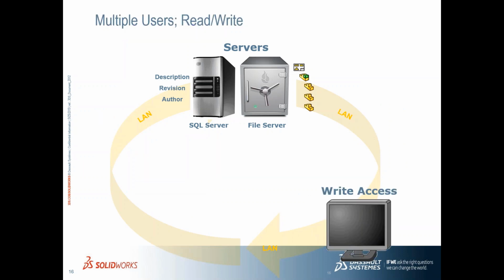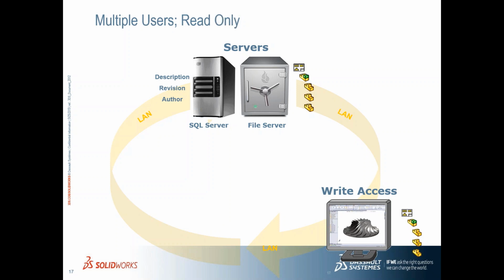So what happens with the client? How does this work between the server and the actual end user? When an end user goes to file open, just like they're used to in SOLIDWORKS, and opens that file up, the server says, okay, Roland is opening a new file. He's never opened this file before, and he checked it out. It puts that file on my system, and it gives me write access.